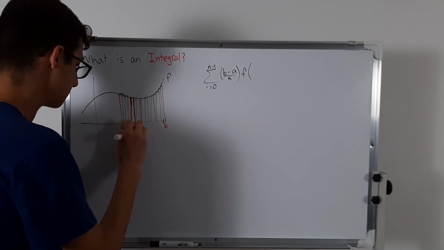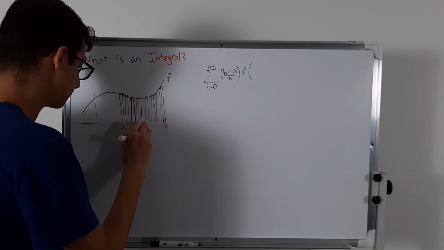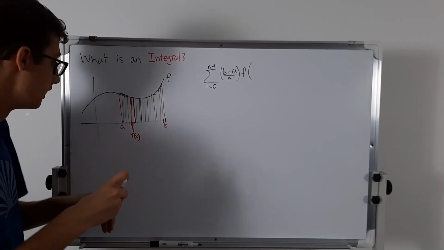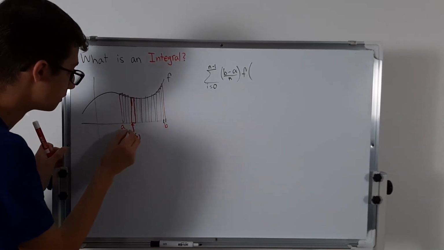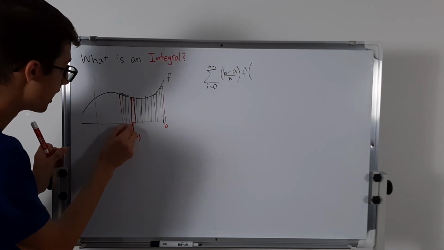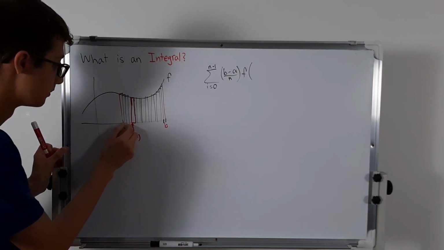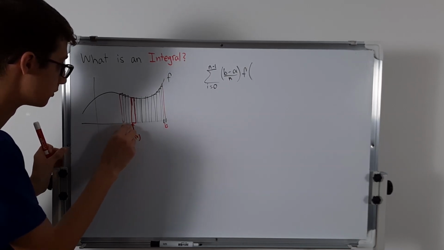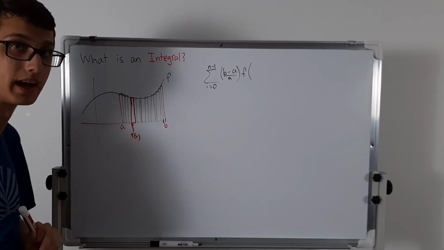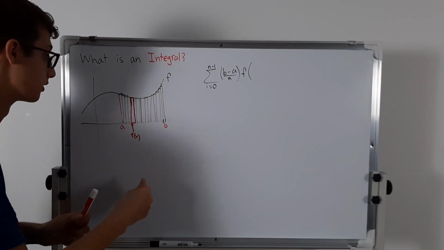It would be f of whatever that is. I'll just call that x. The way we would do that is we would first count how many rectangles we have before that: 1, 2, 3, 4. That's 4 subintervals.